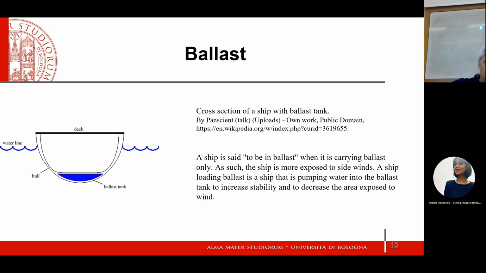And a ship is said to be in ballast when it's carrying ballast only. So when we say a ship is in ballast, it means that the ship is unloaded and there is only the ballast. And this is the most exposed situation to wind. So the most dangerous situation with respect to the wind is when it's in ballast, because the surface of the ship that is exposed to wind is maximum.